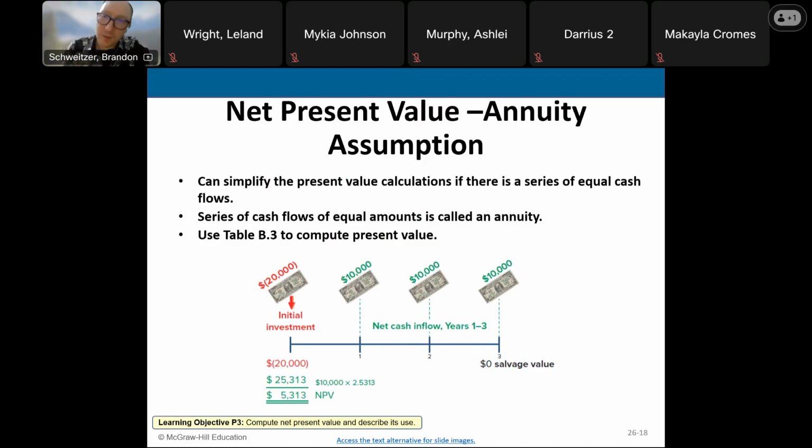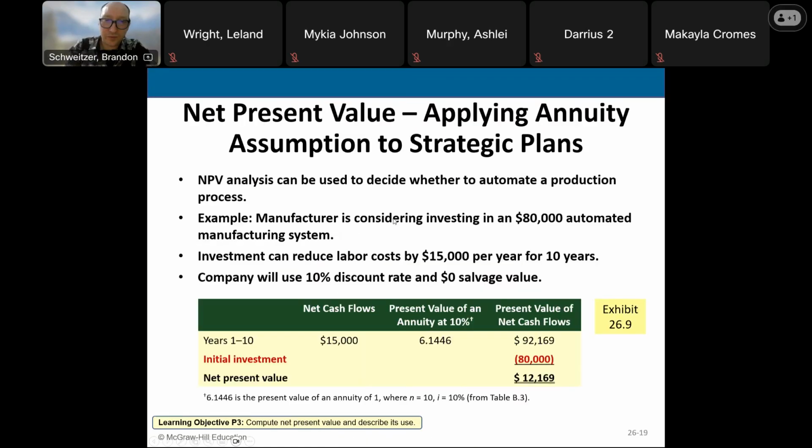So again, going back to your simple financial calculator, you could easily figure out net present value from that. And from that, it's just a matter of plugging in the number of years, the amount, the expected return percentage, etc. And it'll give you the net present value as a response.